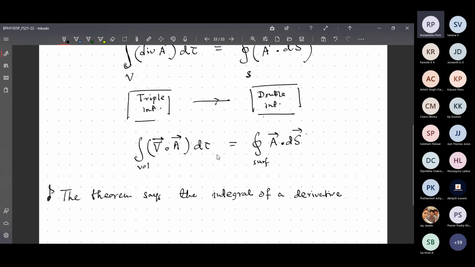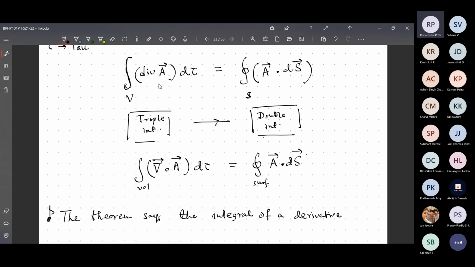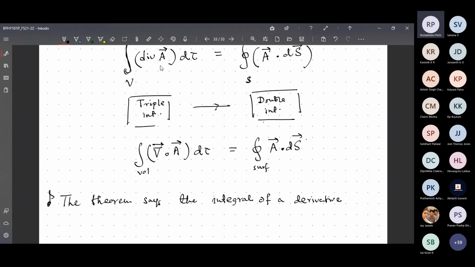Now, in this case, what is the derivative? It is written here. Just identify that. In this case, the derivative is divergence.